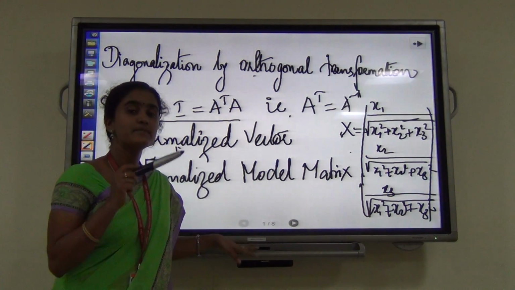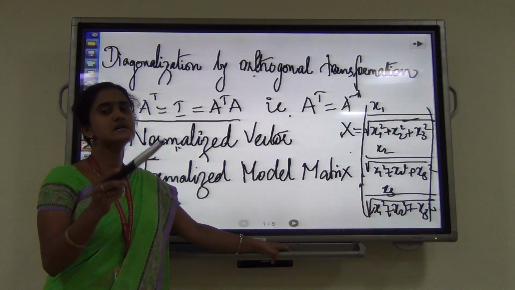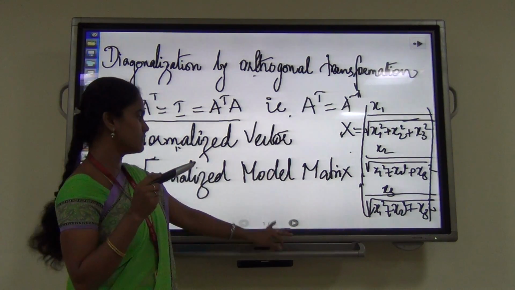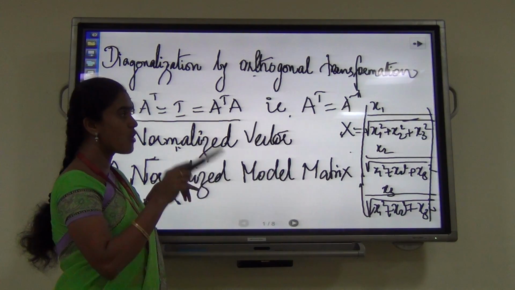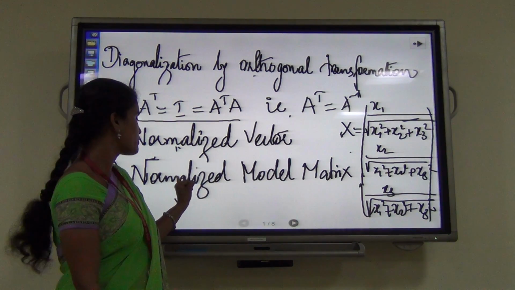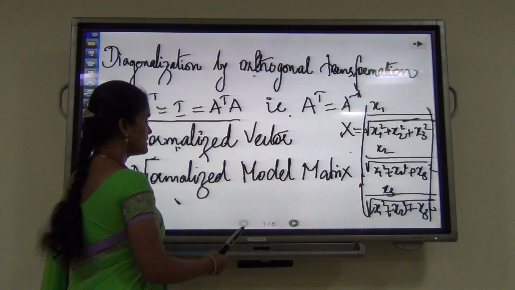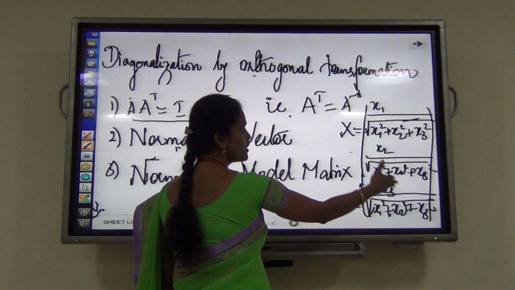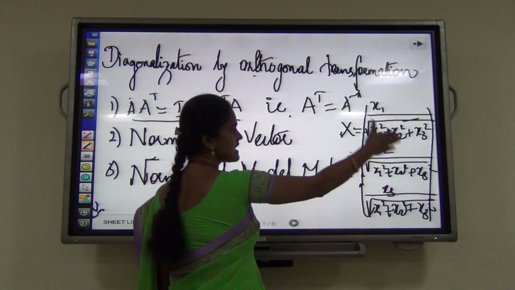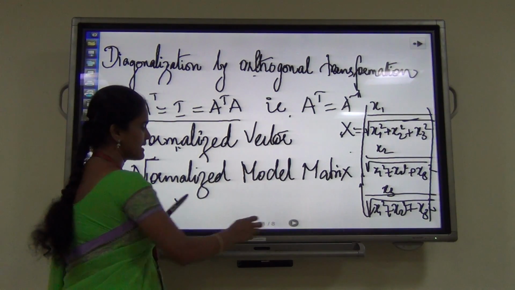As we place these normalized vectors column wise, the matrix formed is called the model matrix, and since all the vectors are normalized, we call it the normalized model matrix. That is the normalized model matrix.